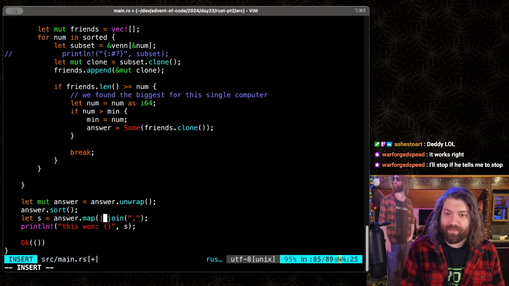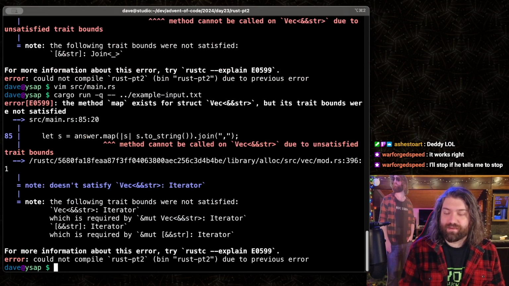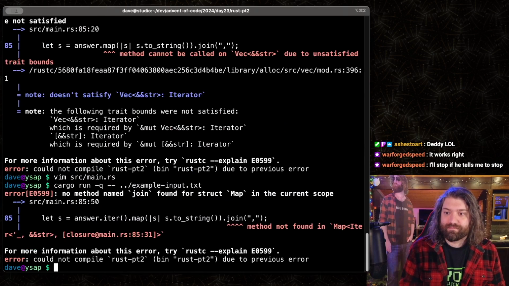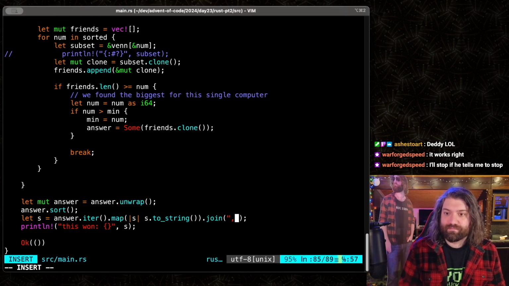You literally map it to s.toString, and then I own everything in there. Oh, it's still an iterator, isn't it?